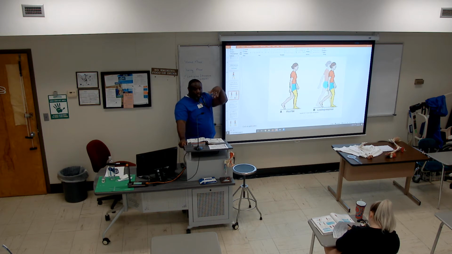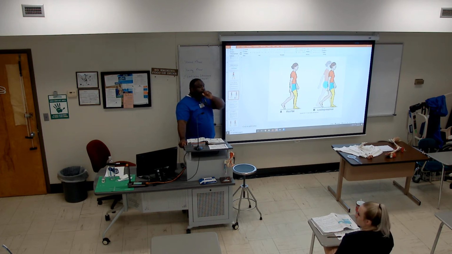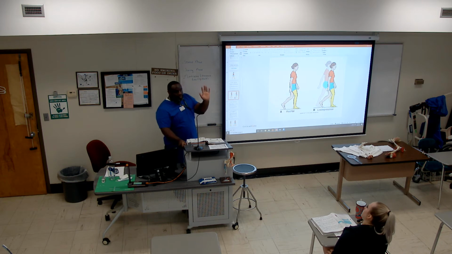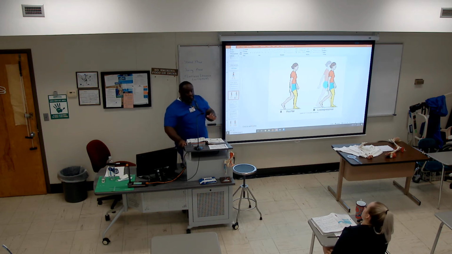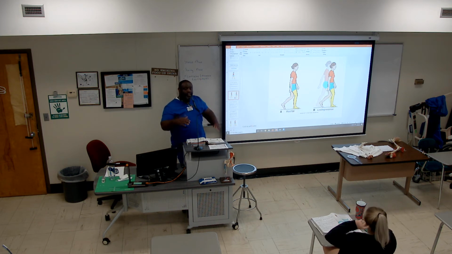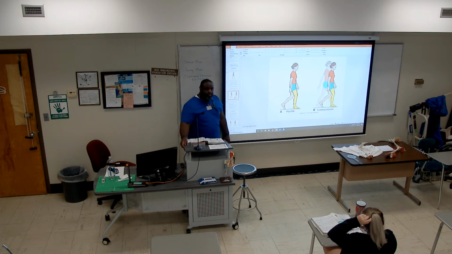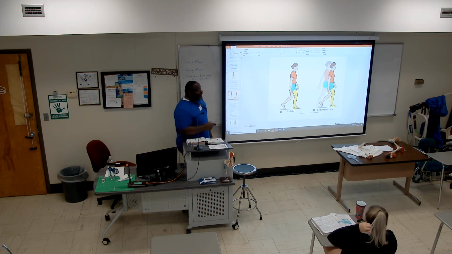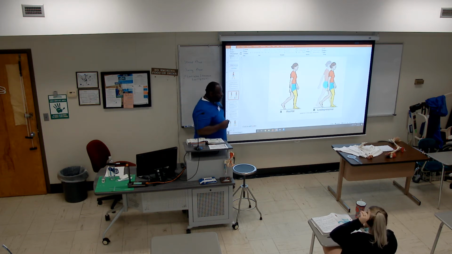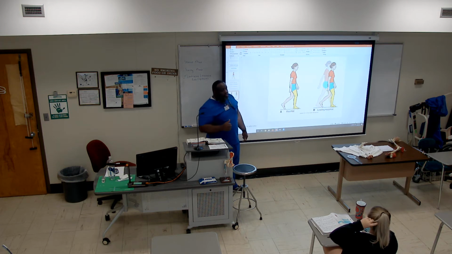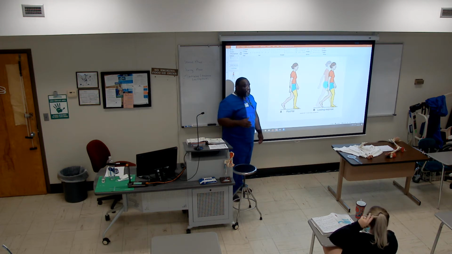This is a condition where I have either weak or absent dorsiflexors. I'm not forced into plantar flexion. I just have weak or absent dorsiflexors. So if I have weak or absent dorsiflexors, when do I need dorsiflexion the most?